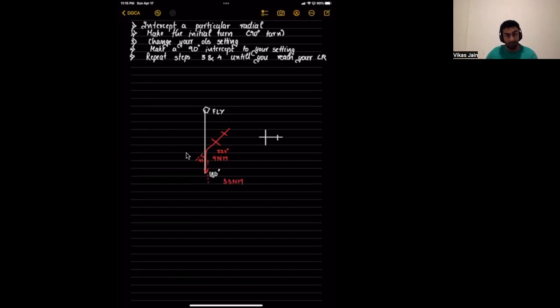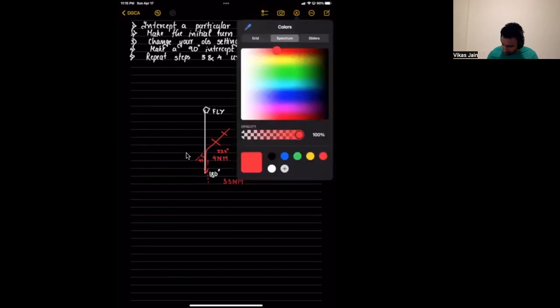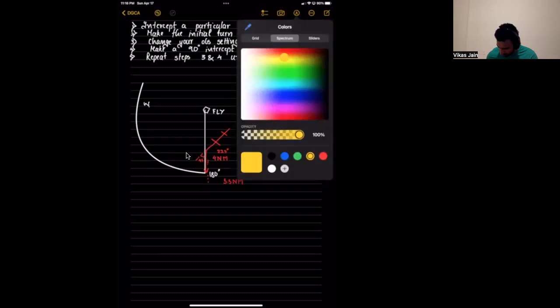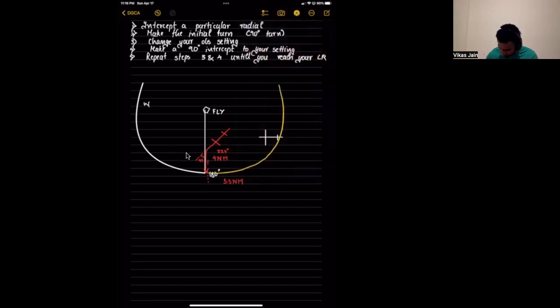Now, as I told you, you need to figure out if it's a left-hand turn or a right-hand turn. Right. This is very simple. You look at your procedure or whatever ATC instructs you. If they want you to make an arc towards the west in this case, or towards the east in another case, you make appropriate turns.